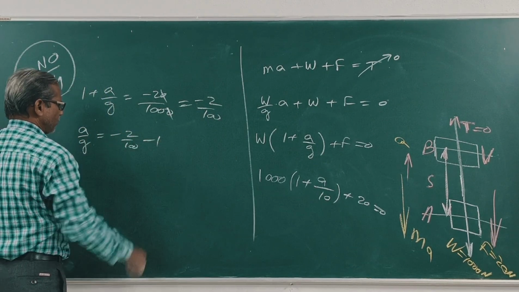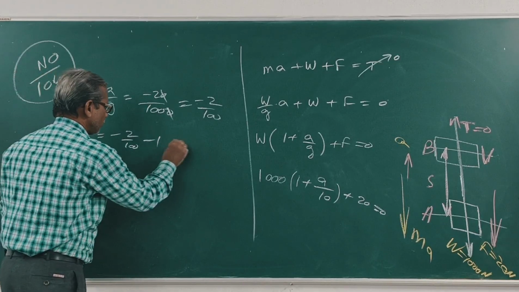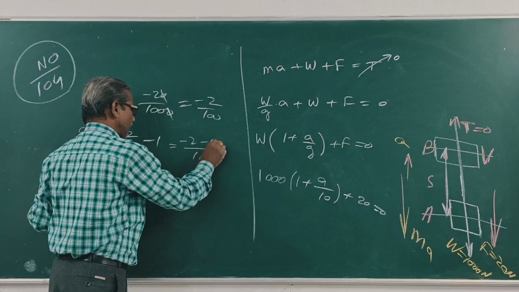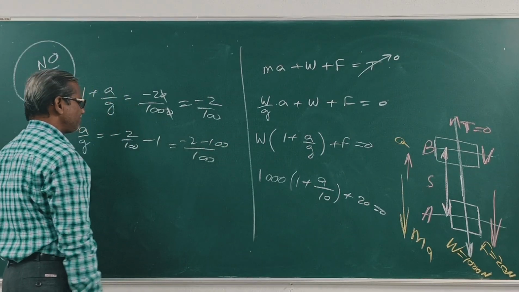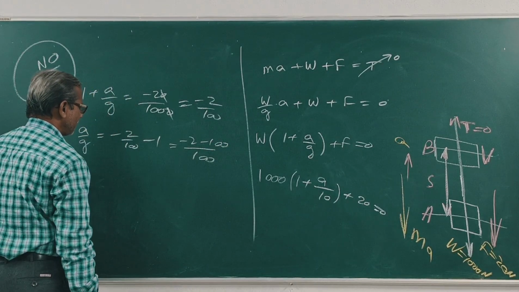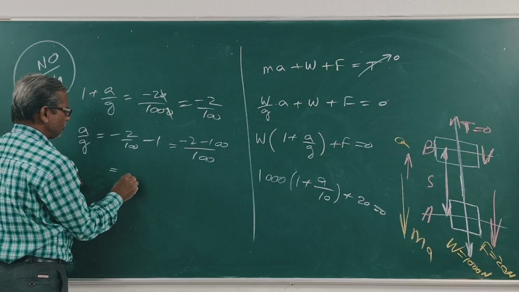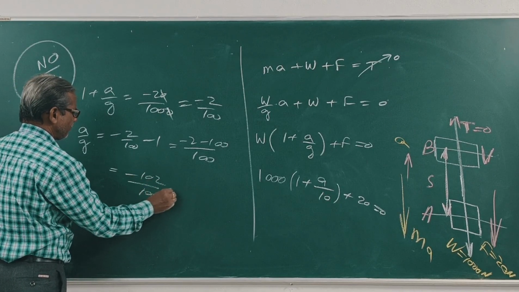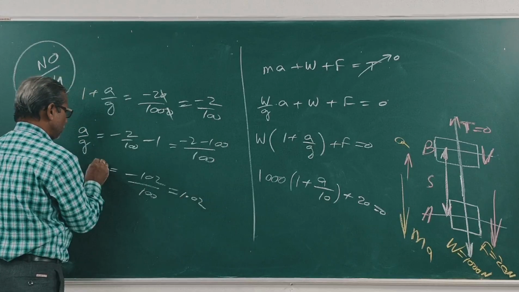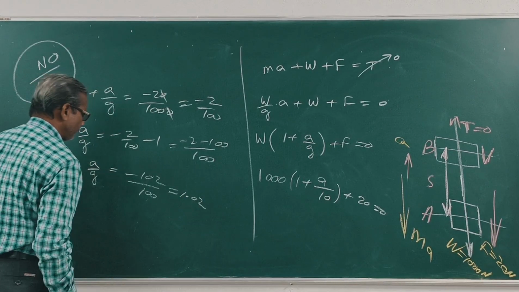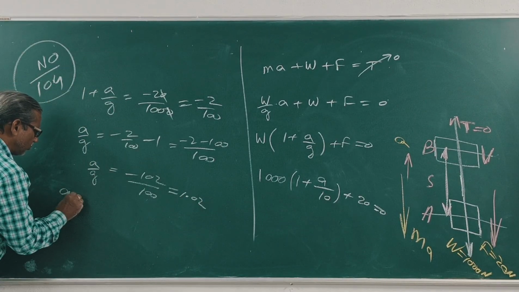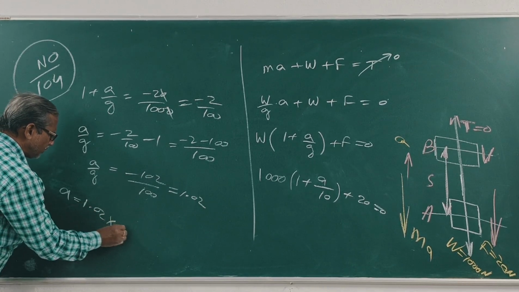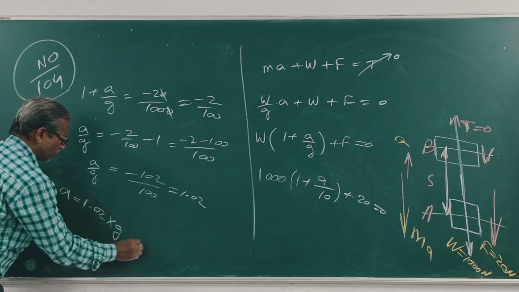Taking LCM 100, minus 2 minus 100, so minus 102 by 100, that is 1.02. A is equal to 1.02 into G meter per second square. Put G is equal to 10.